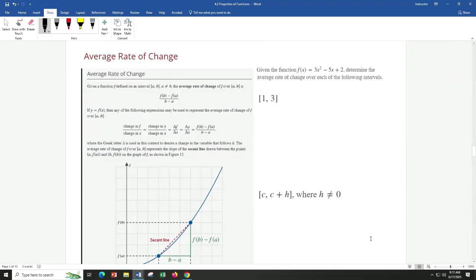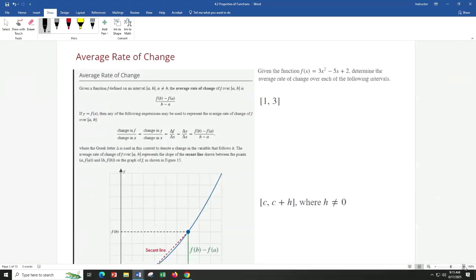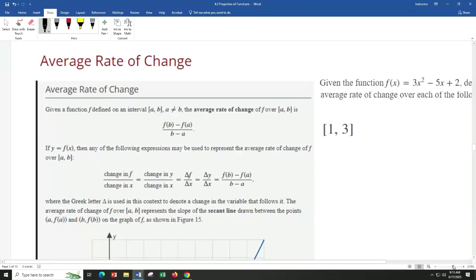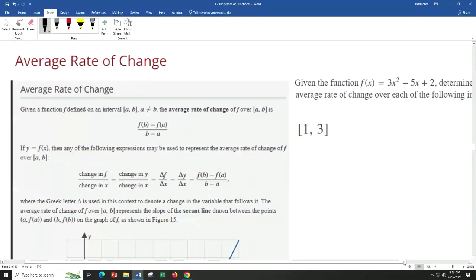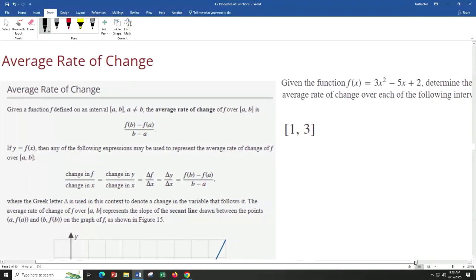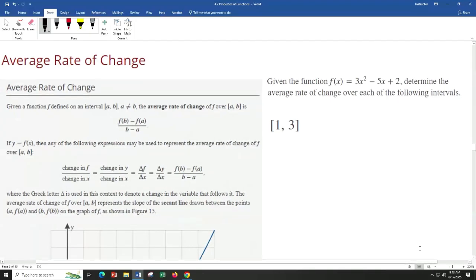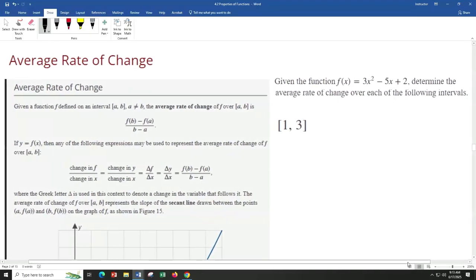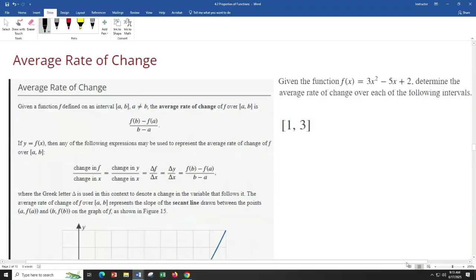So I'm gonna blow this up just a little bit here, so you can kind of read a little bit better. Look carefully with this average rate of change. Alrighty, so average rate of change. Given a function f defined on the interval, notice it's including the endpoints, okay?